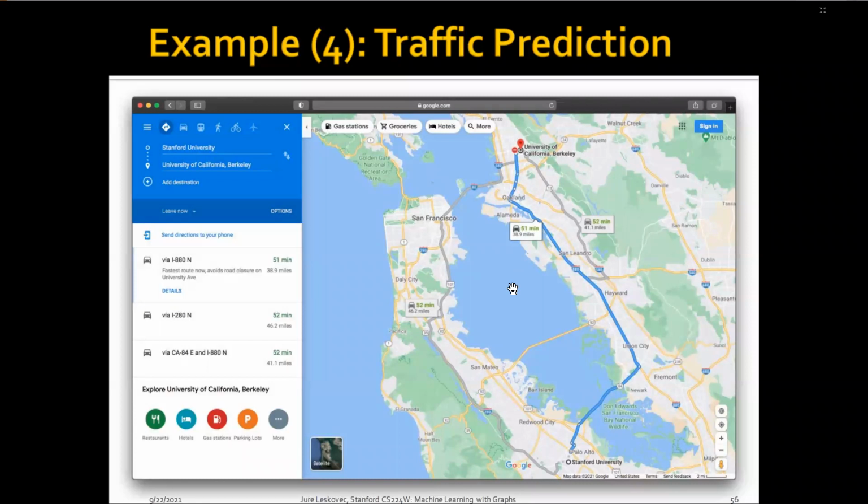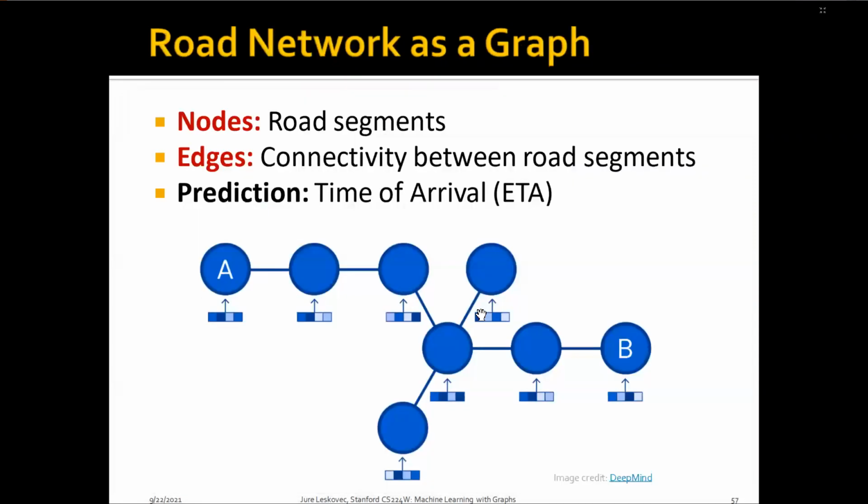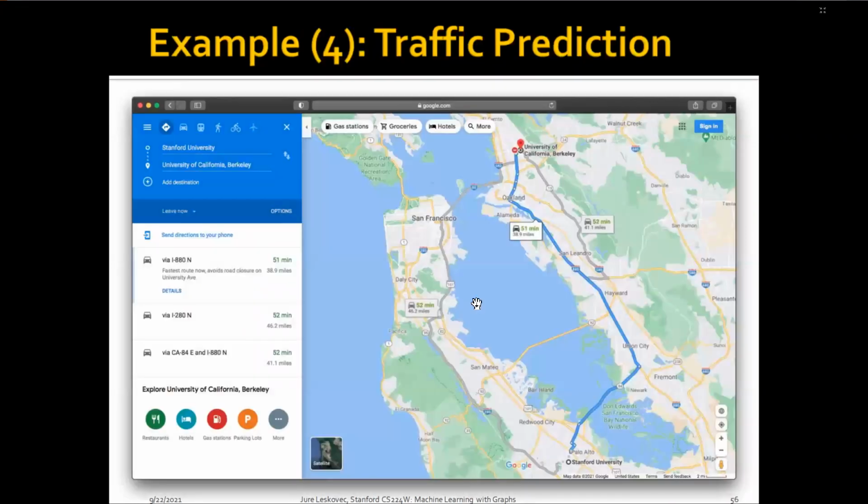I don't know whether you have wondered how they come up with the time. Actually, every time you query Google Maps, you are querying a graph neural network system that predicts this time.